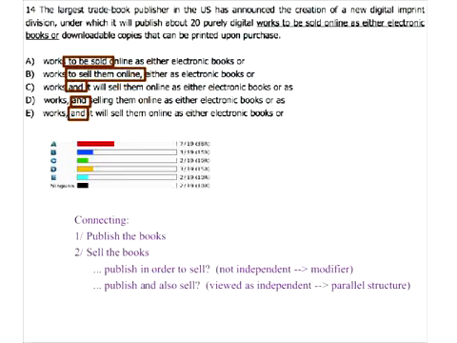But you could definitely also say that the company was going to publish the books and also sell the books. So we do have to make this decision. I mean, we have a parallelism also, so maybe we don't have to make this decision, but we very possibly do have to make it. So let's see if someone can figure out a criterion by which we can make this decision.